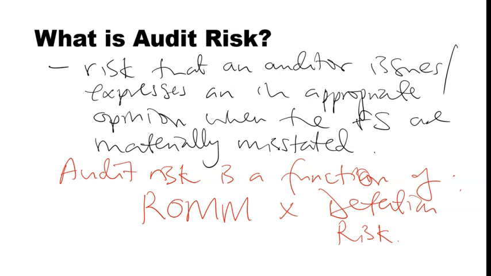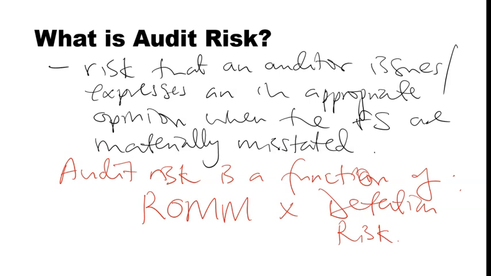There is a lot of debate about this definition because sometimes the auditors might issue a wrong opinion when the financial statements were actually not materially misstated. For example, the client's financial reports were just clean without any errors. However, the auditors ended up issuing a qualified opinion, or they issued an adverse opinion. So you can see that the definition is actually conflicting with that situation.